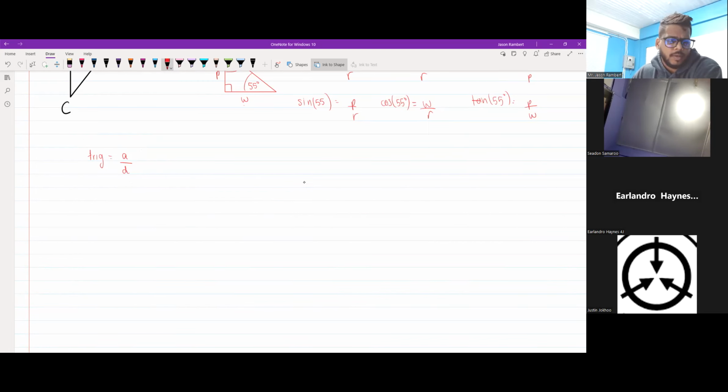Everybody knows how to cross multiply. If I have A over B is X over Y, this is how we cross multiply, and I get AY is BX, correct? I'm going to show you a trick.